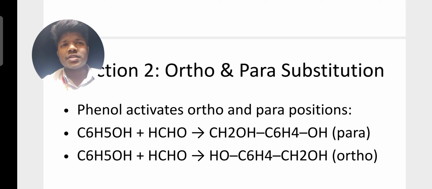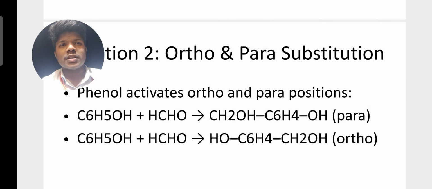C6H5OH plus HCHO gives CH2OH bonded to C6H4 bonded to OH, attacking at the para position. C6H5OH plus HCHO also gives OH bonded to C6H4 bonded to CH2OH, where the aldehyde attacks at the ortho position.